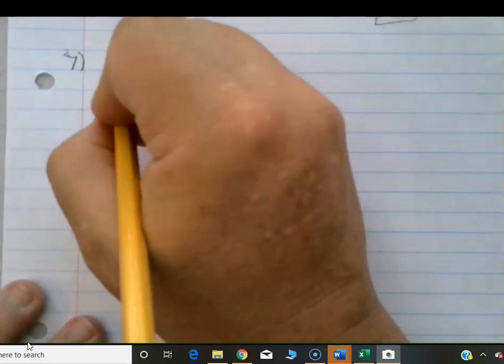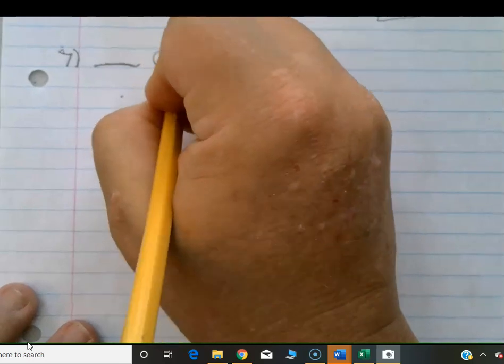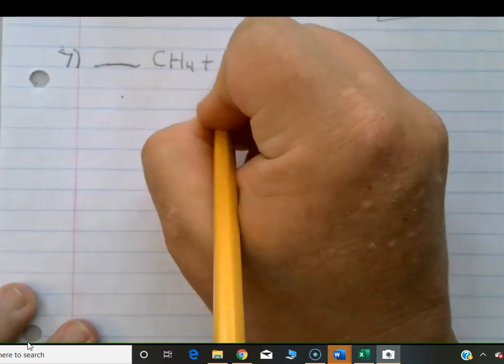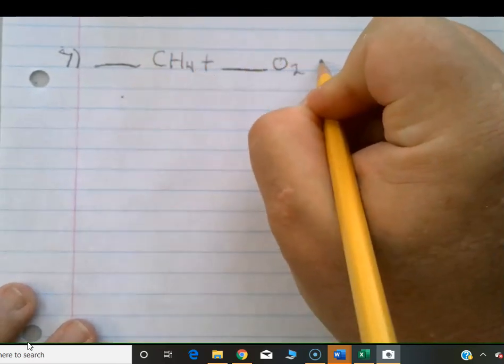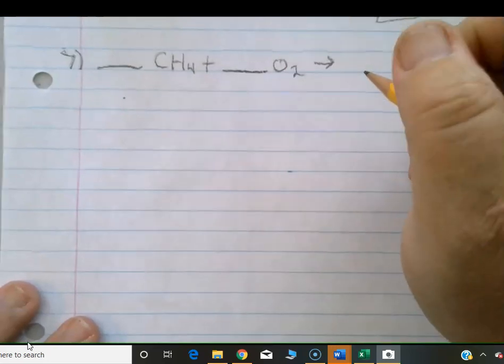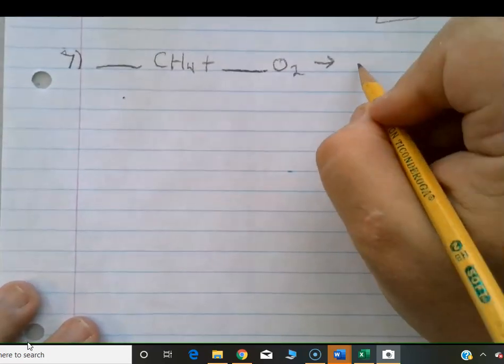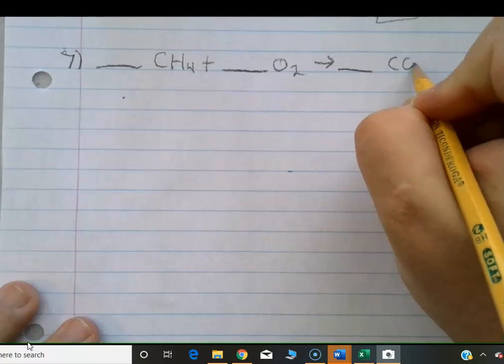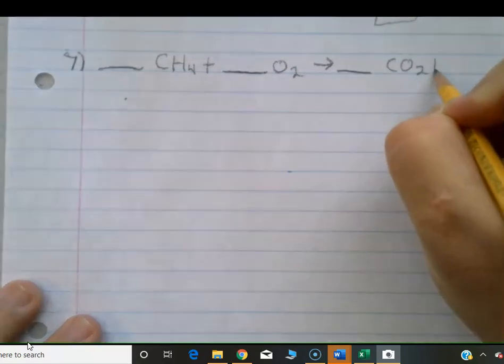Let's go to number 7. Just going to push ahead now. Okay. And we got number 7. It's going to be this. And this is called a combustion reaction. This is the most basic type of combustion reaction.